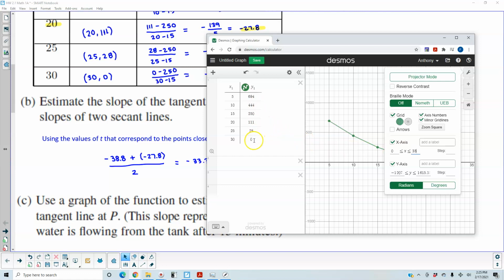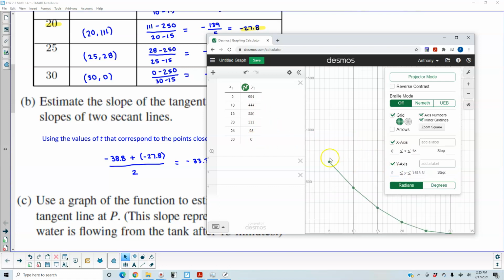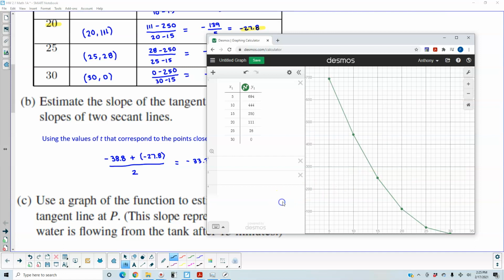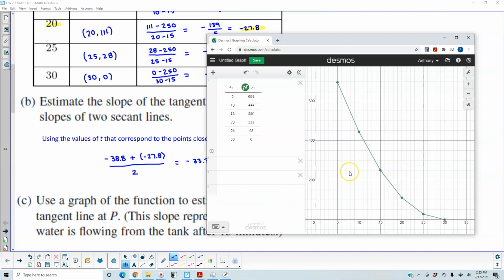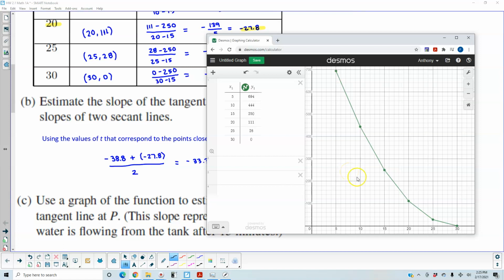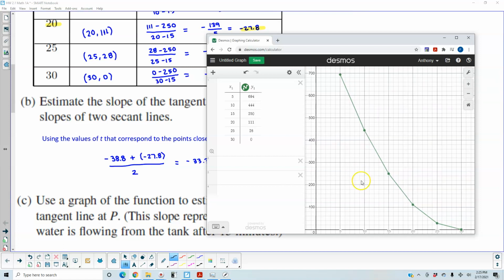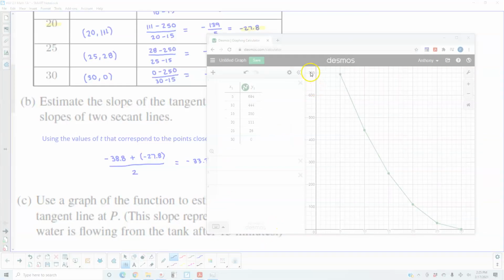And then for the Y value, let's say 0 to 750. And then maybe scroll out just a tiny bit here so we can see what's happening with our graph.